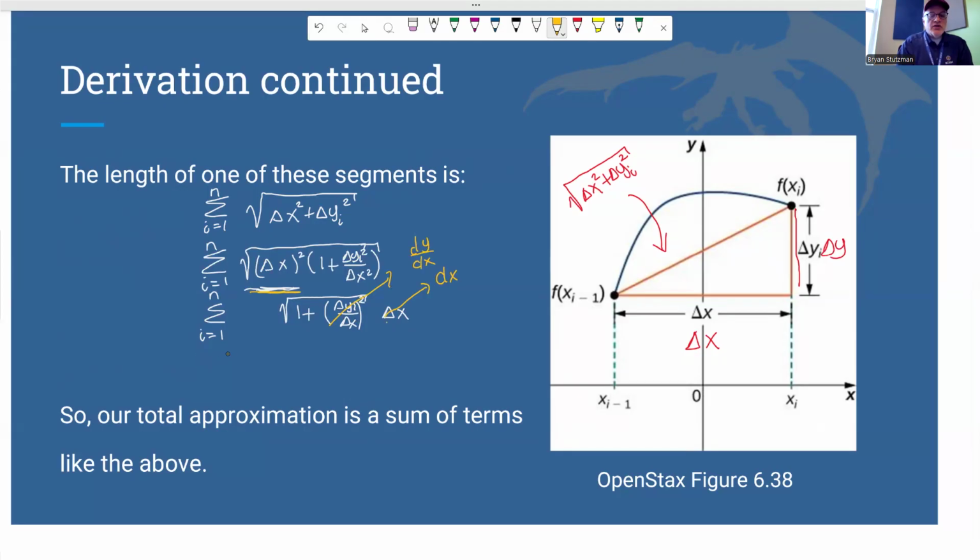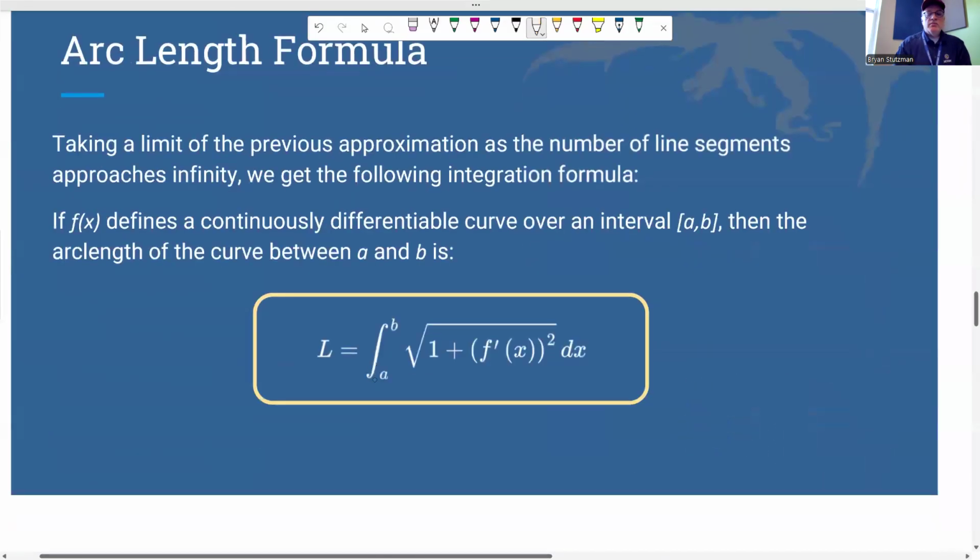I can turn that into calculus, and that'll be the integral from the beginning to the end of the square root of 1 plus dy over dx squared, times dx. And dy over dx is better known as the derivative, or f prime of x if our function is f of x. So our approximation is this formula we have here.